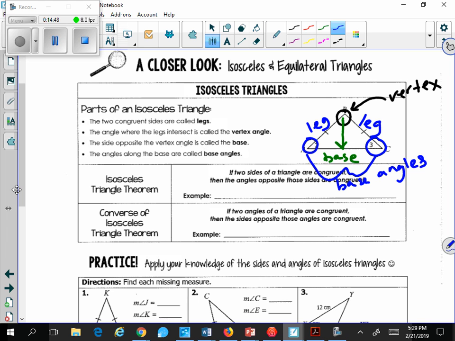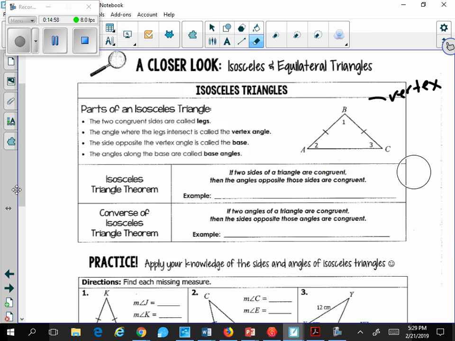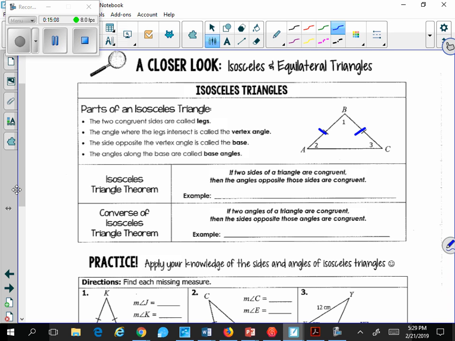Again, we want to get comfortable talking about what we know about angles opposite sides or sides opposite angles. So if I'm looking at this theorem, the two sides of a triangle are congruent, and the angles opposite those are congruent as well. These are my two sides that are congruent. If I'm going opposite them, angle 3 is opposite side AB, and angle 2 is opposite BC.